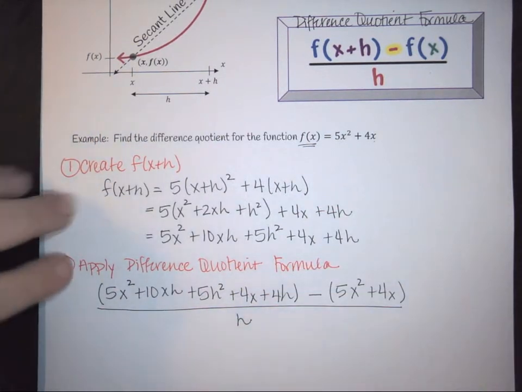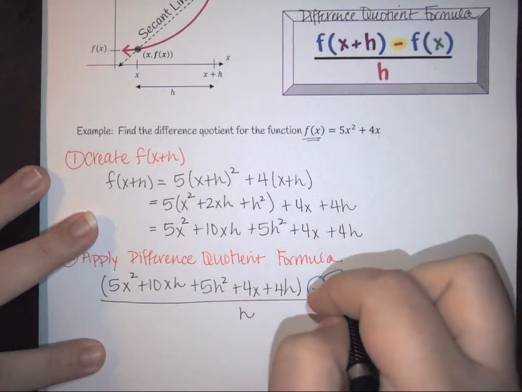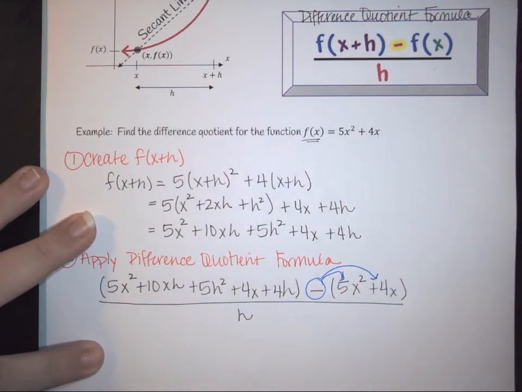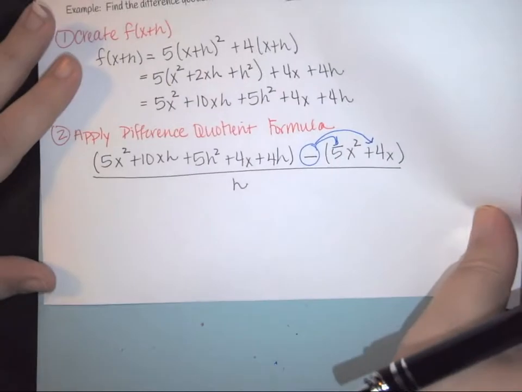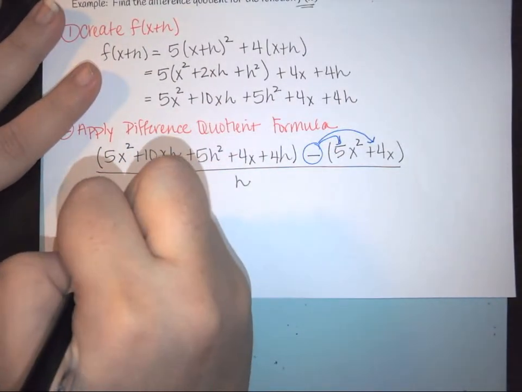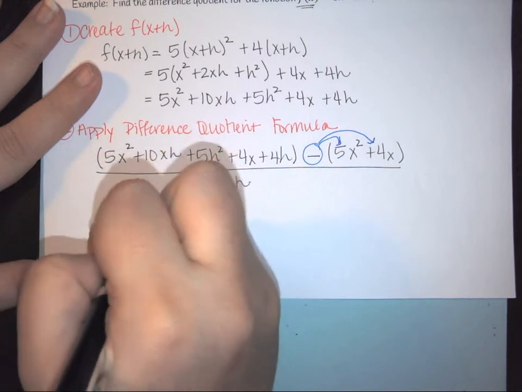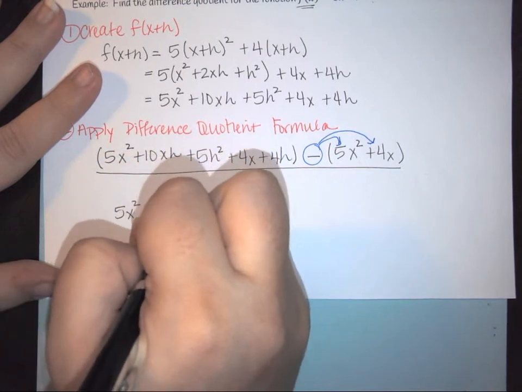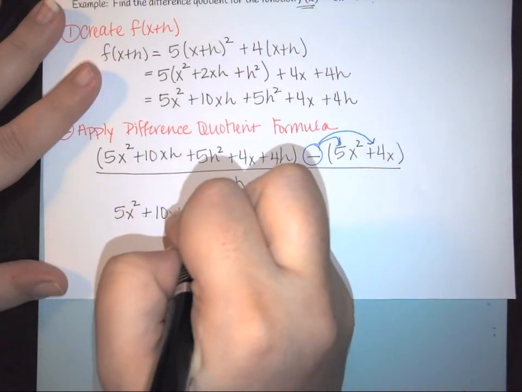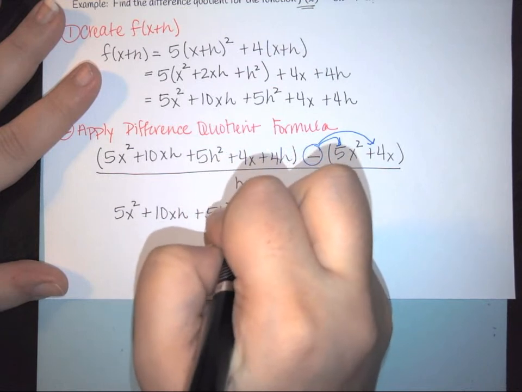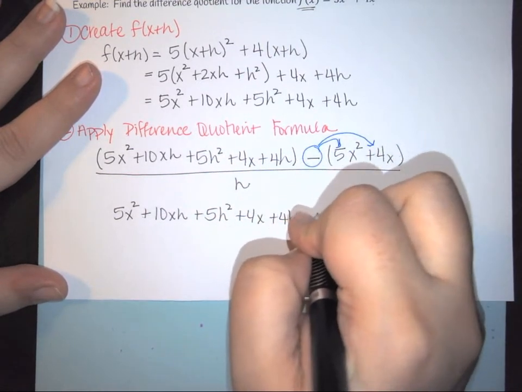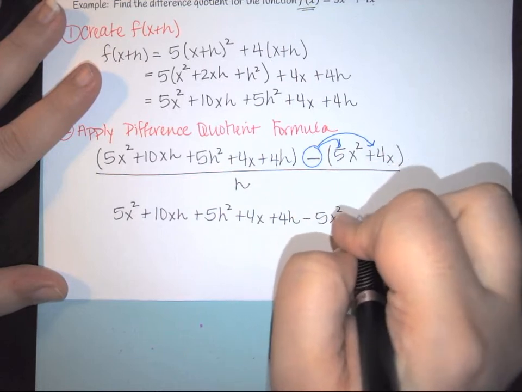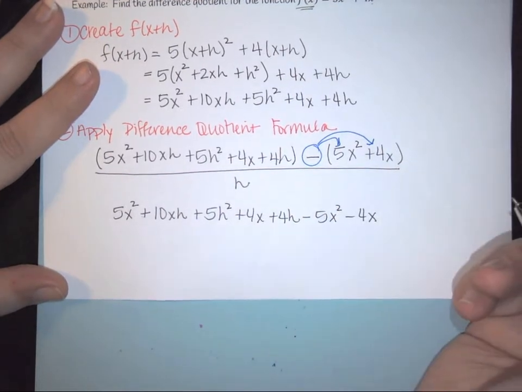Here, the first thing we need to remember is that this negative has to be distributed through the back part of my parentheses. And so here we've got 5x squared plus the 10xh plus the 5h squared plus that 4x plus the 4h minus the 5x squared minus 4x.